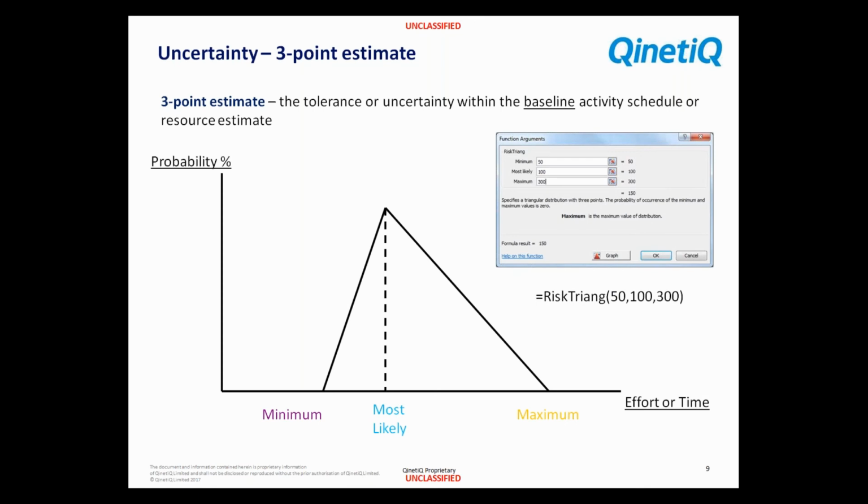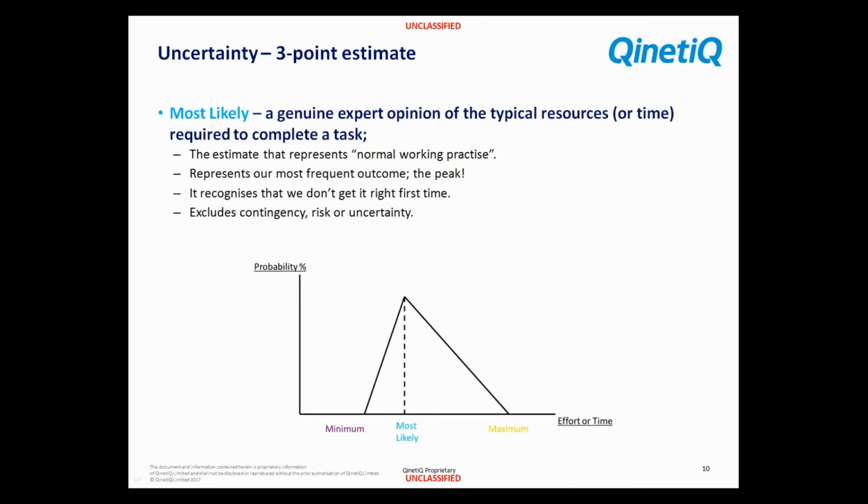So we use the equals RiskTriang function. We define the minimum, the most likely, and the maximum. The most likely then is the genuine expert opinion of the typical resources or time required to complete that baseline task. Naturally, we assume normal working practices here.